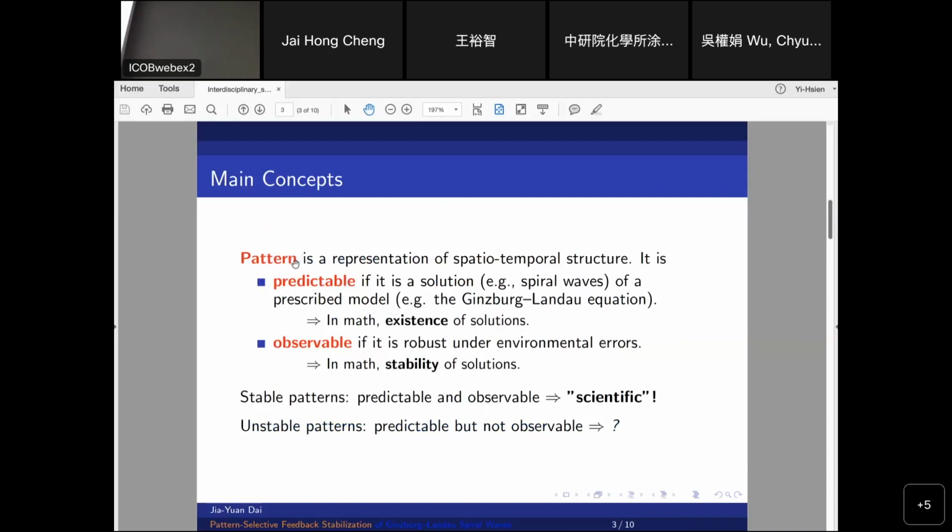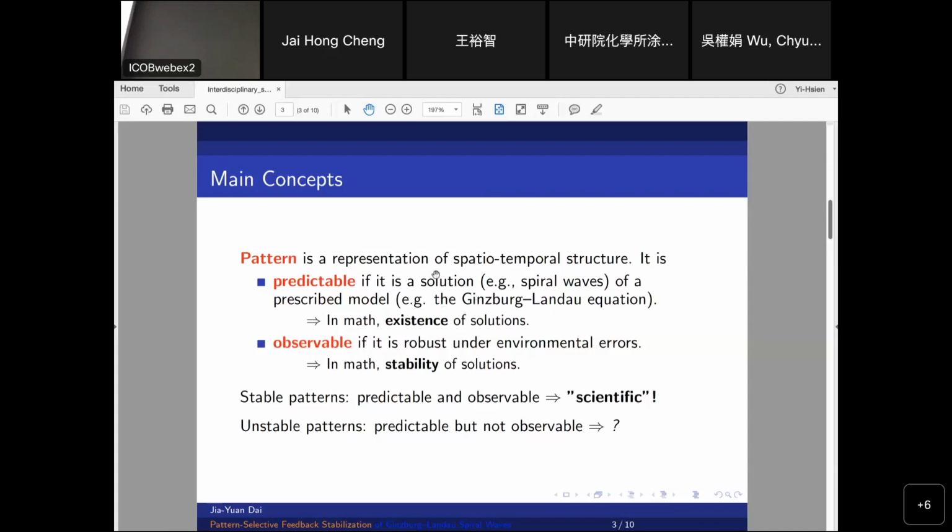The first one is pattern. What is a pattern? Pattern is what you can see from experiments or simulations. So I say this is a representation of some spatial temporal structure. So you see a spiral, it is rotating. So this is spatial temporal structure. And a pattern is called predictable, it's very easy, if it's just a solution of a prescribed model.